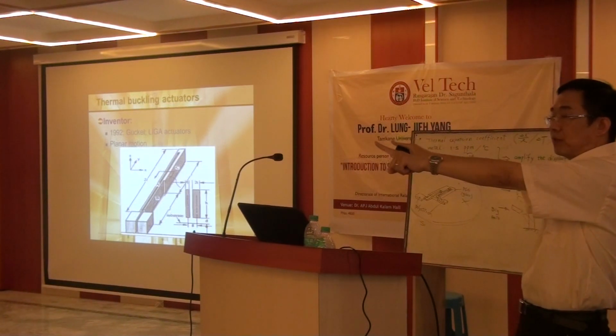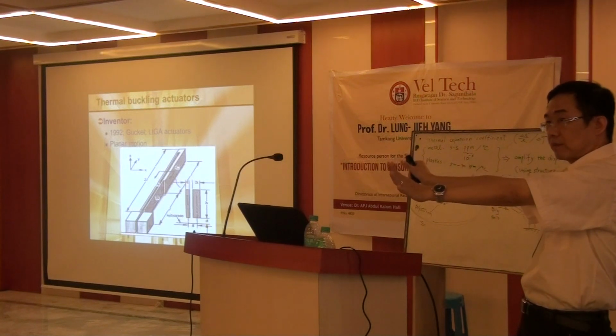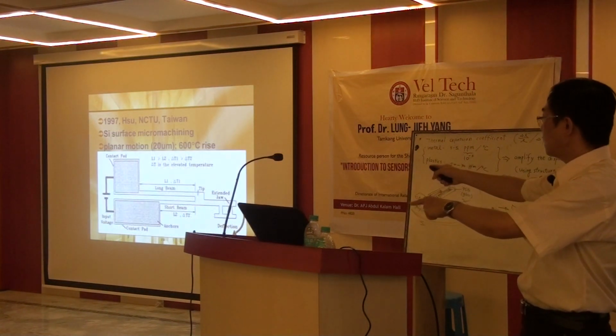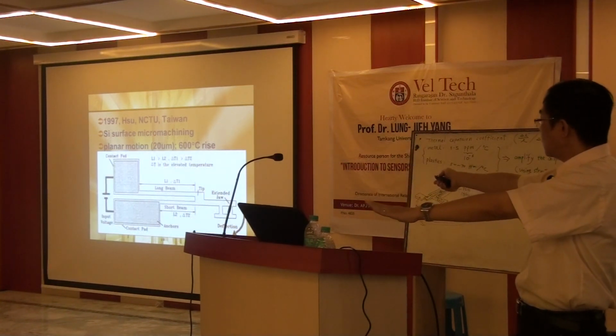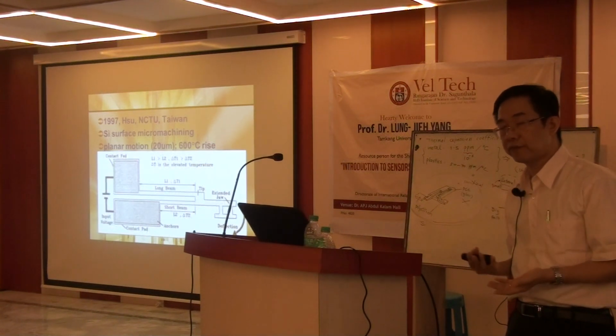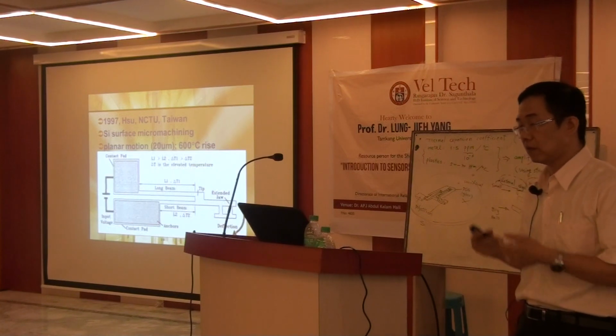These two beams have different resistance due to different widths. And the design in Taiwan, okay, we also have two resistors. One is short, one is long. So finally they also have a difference in resistance.